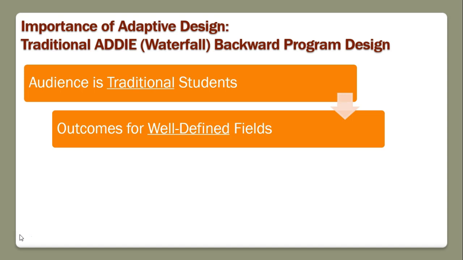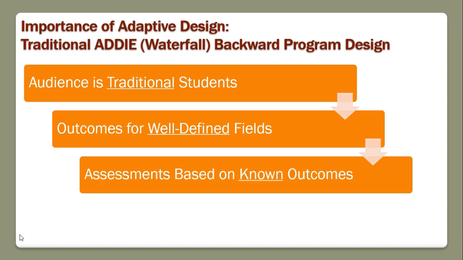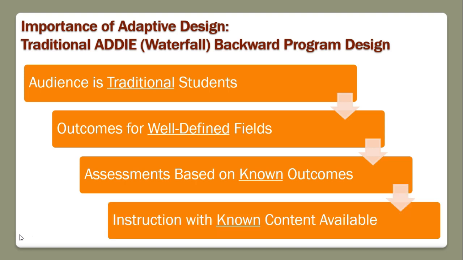And you are doing outcomes for very well-defined fields. So the field might change, but it's a field of business, not an entirely new field. So then you're doing assessments based on well-known outcomes. So you can define the outcomes in advance, and you do instruction with known content available.